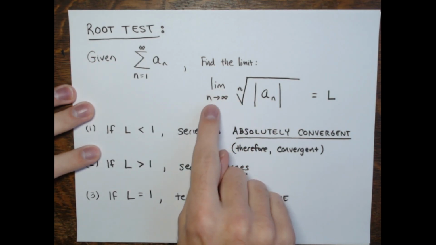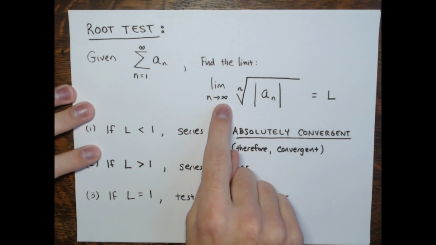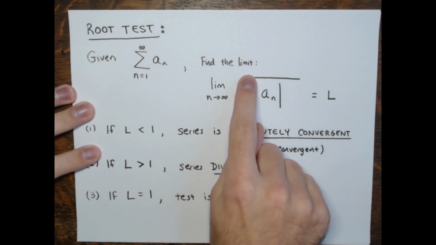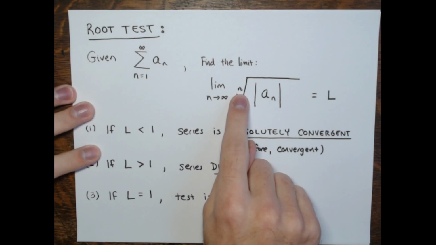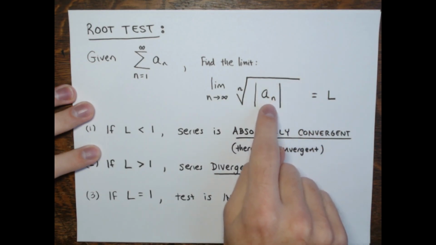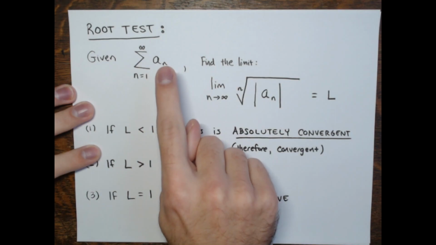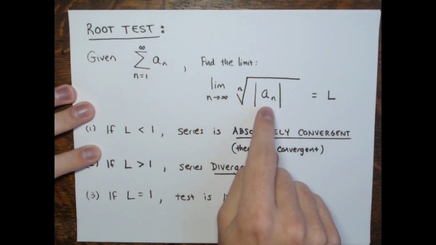Take the limit as n approaches infinity of the nth root. So the index is getting larger and larger, the root is getting bigger and bigger, of the absolute value of these a sub n's.